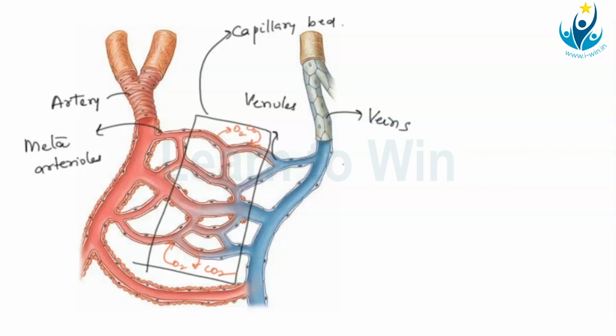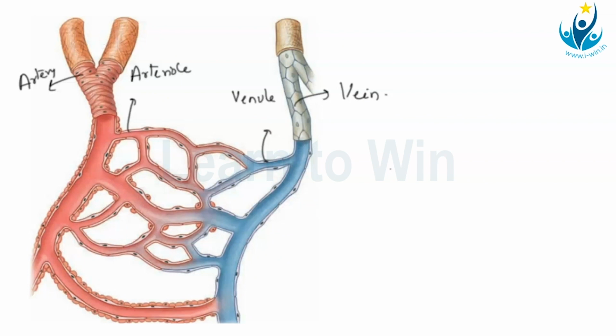So how will the blood flow in a systemic circuit? The blood flows from the heart into the arteries. From the arteries, it enters the arterioles.